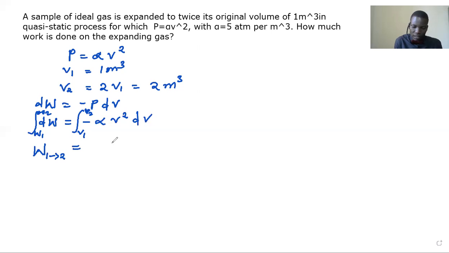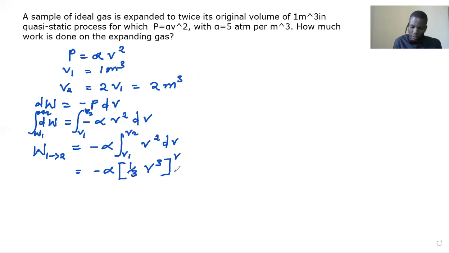We factor out alpha, because that's a constant, and then we have the integral of V squared dV. So we integrate this, and we are going to have 1/3 V cubed with the limits V1 and V2.